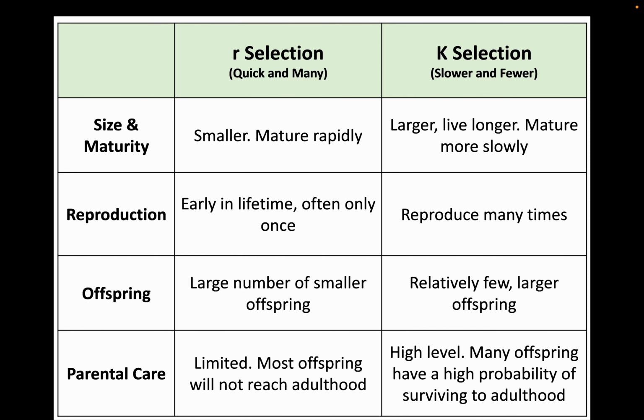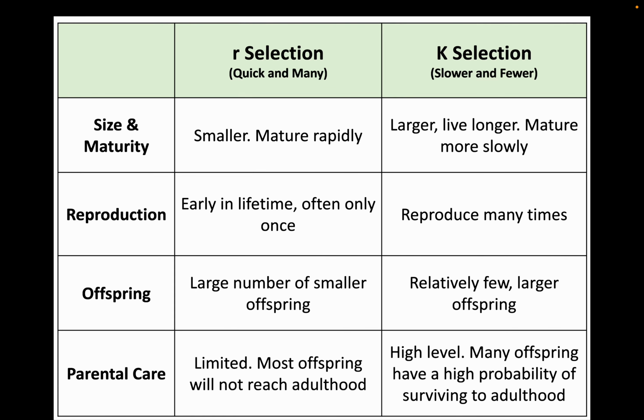For K selection, that's like the more careful, energy invested approach. So you'll have slower and fewer species. You'll have larger animals, for example, they will have a longer lifespan, they'll reach sexual maturity at a slower stage. Because of the longer lifespan, they will reproduce many times.